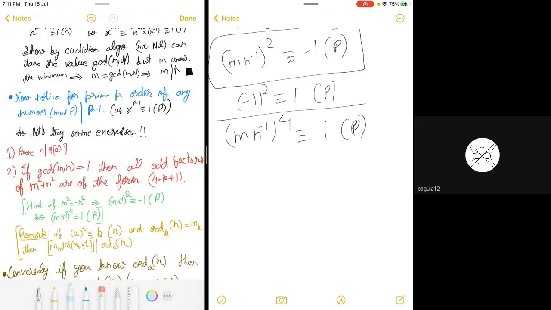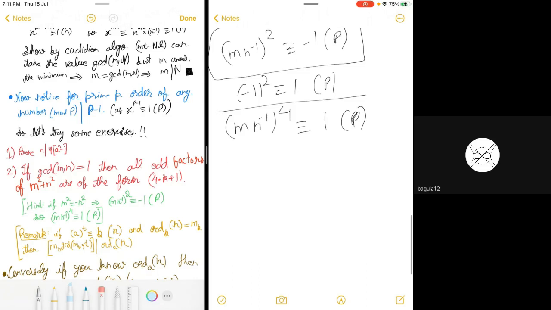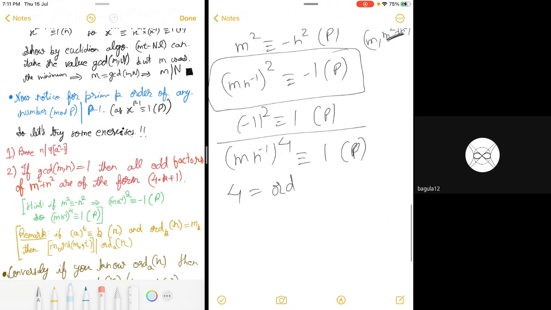This is because the only factors are 1 and 2, and (m n inverse) whole square is already congruent to minus 1 modulo p. So we get that 4 is the order of this thing. And we also know that the order divides p minus 1. So we get that 4 divides p minus 1. So p is congruent to 1 modulo 4. So is this proof clear?